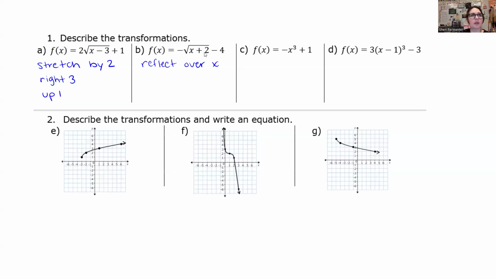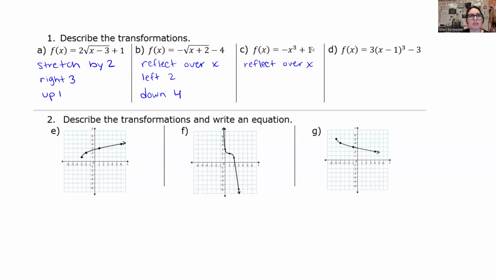You're welcome. The +2, what does the +2 do? Left 2. I'd like to hear more than just Aiden. And then what's the -4? Down 4. Good job. Here, what does the minus out in front tell me? Reflect over X. And then there's only one more transformation.